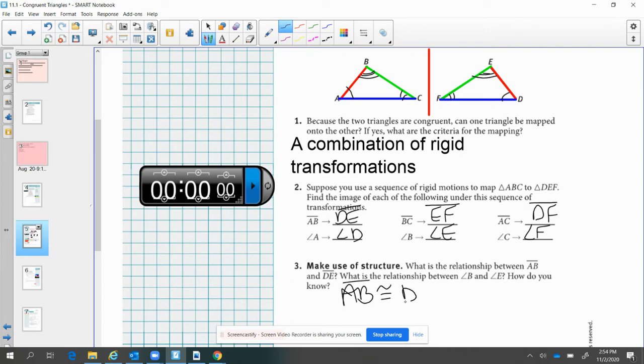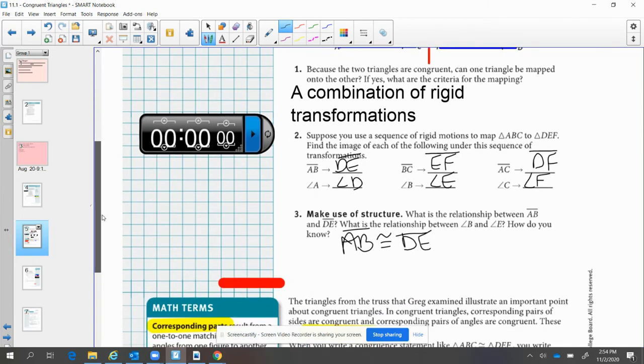All those corresponding pieces are going to be the same size, because we know with rigid transformations, they don't change size. So all of these corresponding pieces are going to be congruent, because we know that the rigid transformations do not change size.